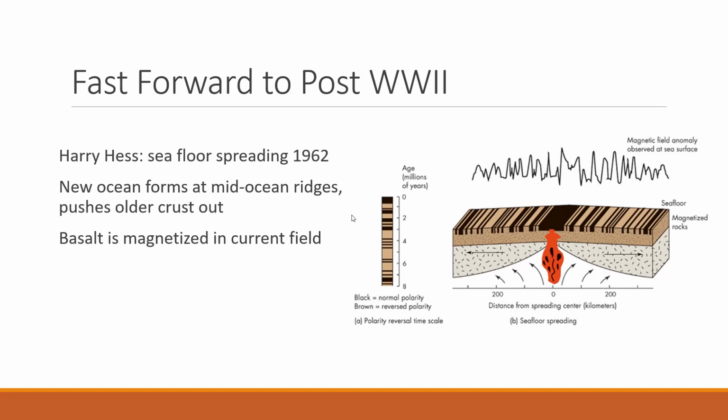And so it was important to understand the ocean floors, and there was a massive push to study the science of the ocean floors. If we look forward to the 1960s, there's a man named Harry Hess who observed an interesting pattern in the ocean floors and proposed an idea called seafloor spreading.